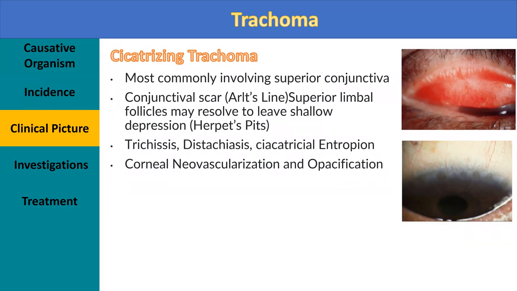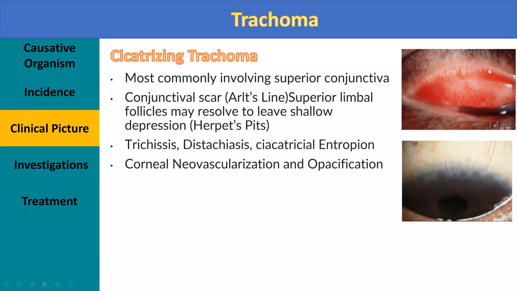So just for you to know how to differentiate: in trachoma, it is like a depression, a pit called Herbert's pit. So you will find a depression in the limbus, and it is more yellowish or brownish in color. But in the vernal disease, it is an elevation. It is more like a follicle or nodule. It will be more whitish in color.